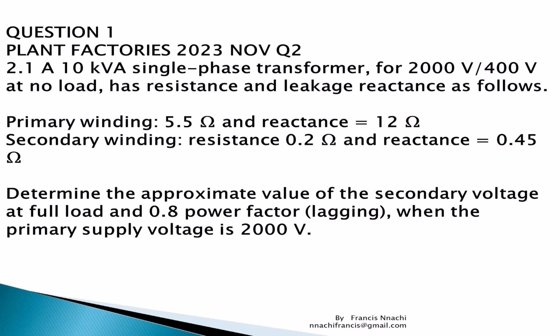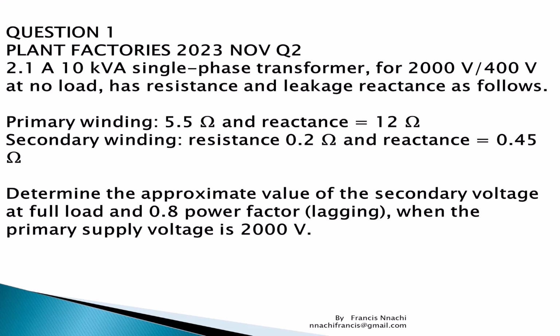A 10 kVA single-phase transformer for 2000 volts / 400 volts at no load has resistance and leakage reactance as follows. Primary winding 5.5 ohms and the reactance 12 ohms.